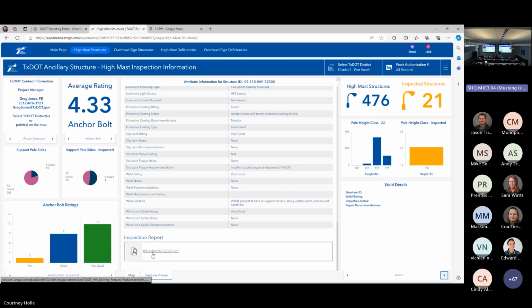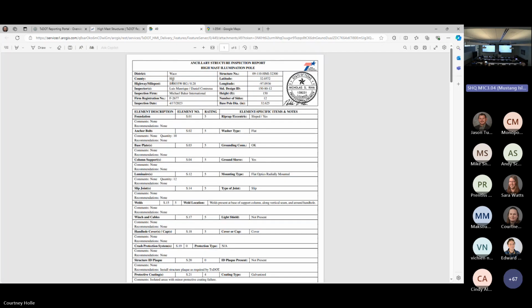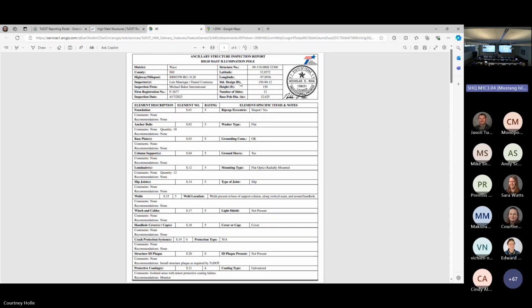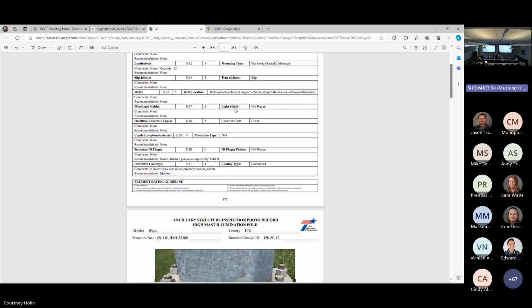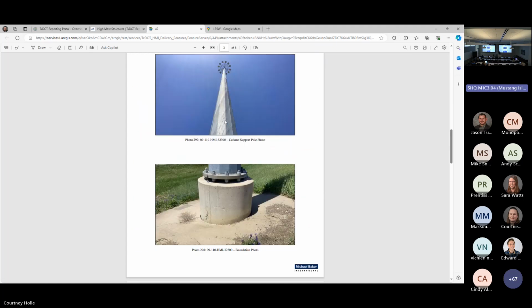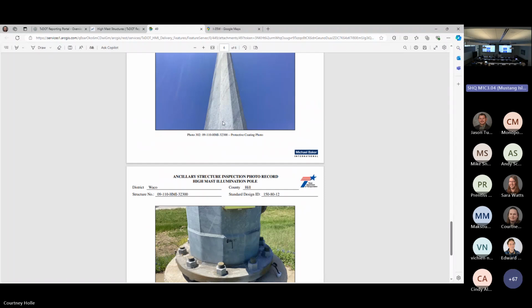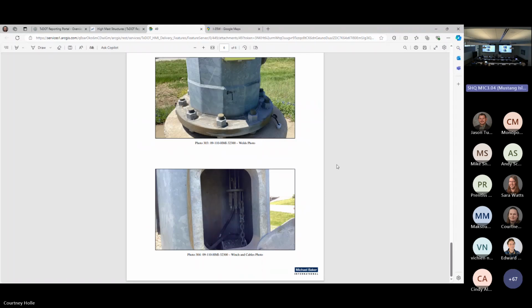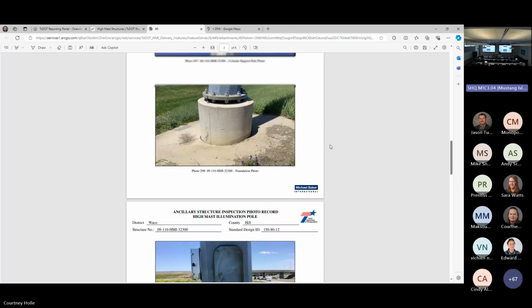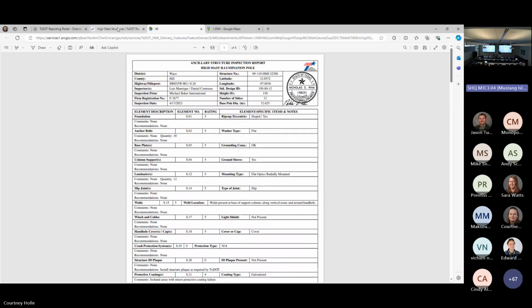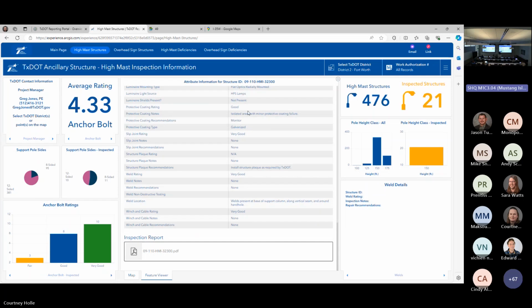And then we can also look at the actual inspection report for that individual pole. So here's their evaluation of all the parts. We've got pictures of each part of the pole. So it's just a good way to find information on a specific pole you're looking for.